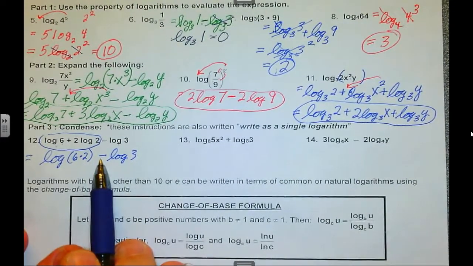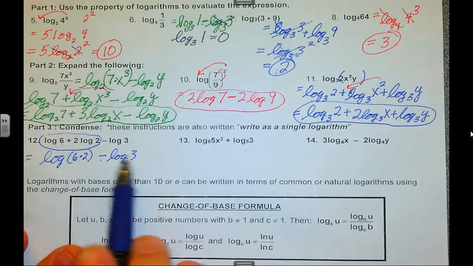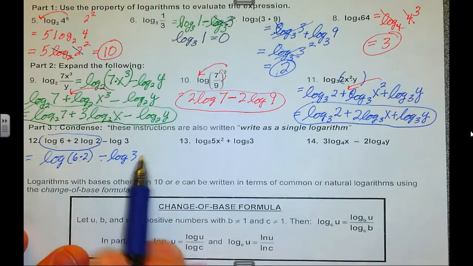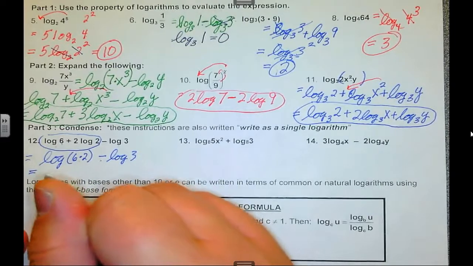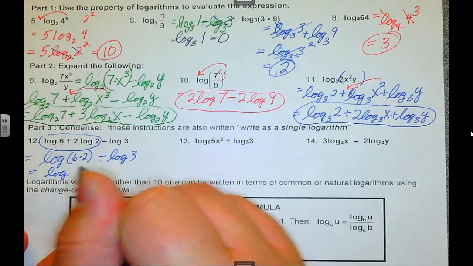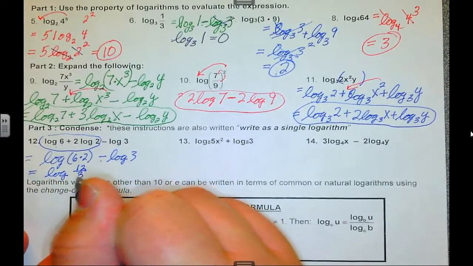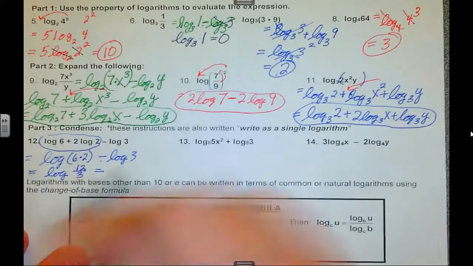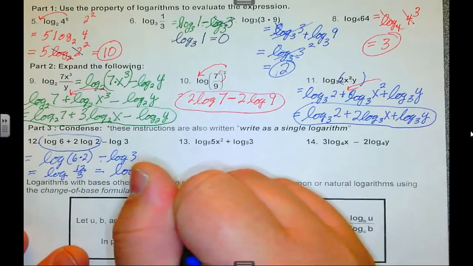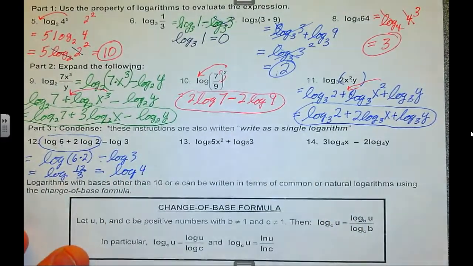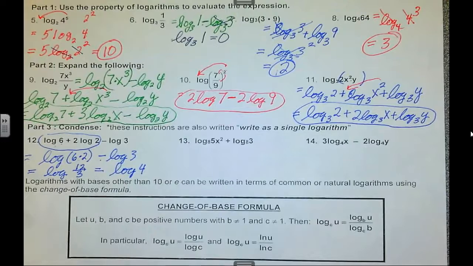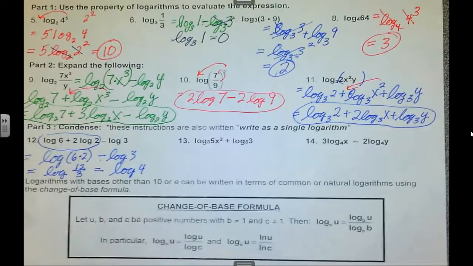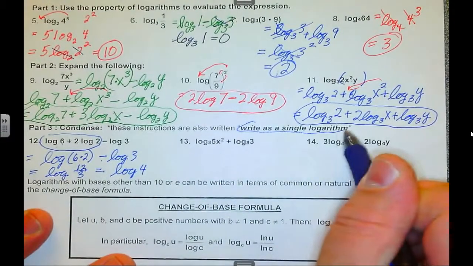Now I have a minus, so this is going to be a fraction, right? 12 over 3. Log base 10 of 12 divided by 3. What is 12 divided by 3? Log of 4. And actually, you can put that in a calculator because that's a common log. But it's not asking us to evaluate, so we're good to go.